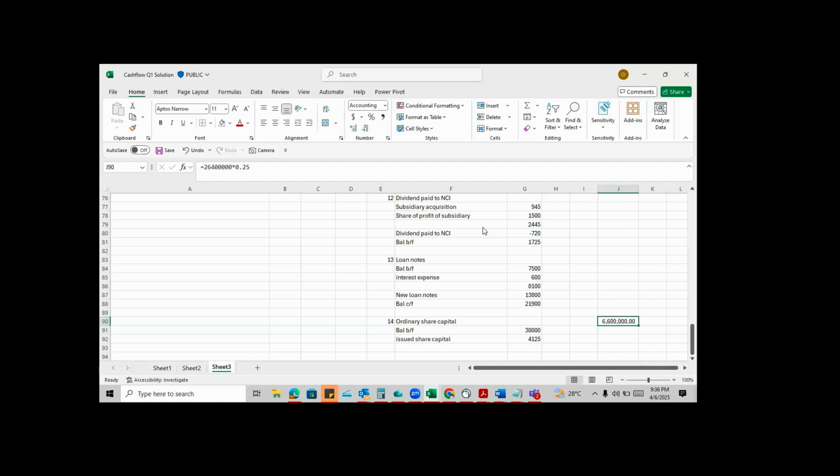We can't have 6.6 million, I must have made a mistake. I added a zero before. So it is 660,000 naira. That will be the ordinary share capital element.